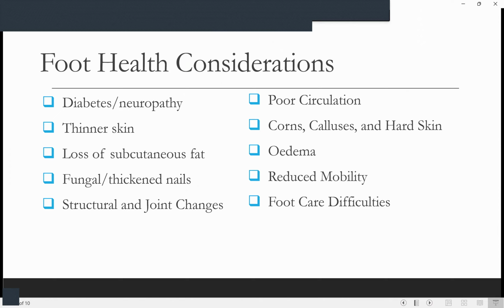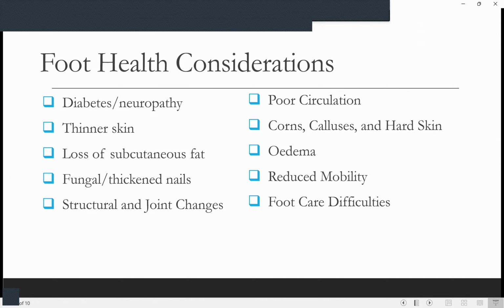You get fungal or thicker nails, structural and joint changes. So you can have arthritis, which thickens some of the joints. You can have lots of different problems with the feet, which can actually make it harder to work out exactly where some of the reflexes are.